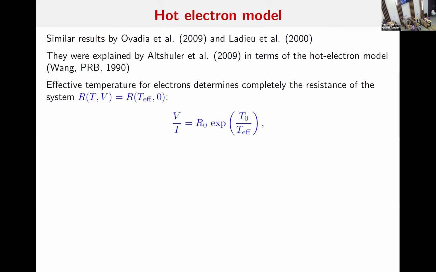An important thing is that having an effective temperature is a clear indication that the conduction in the insulating regime is not by phonons, but by electron-electron interactions, and the role of phonons is just to equilibrate, to thermalize the system.